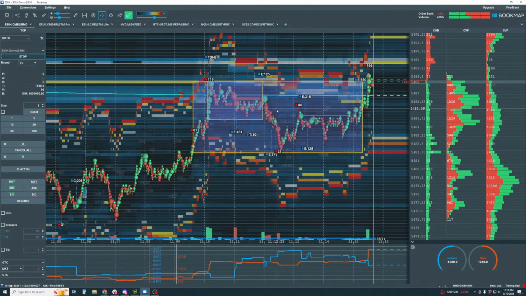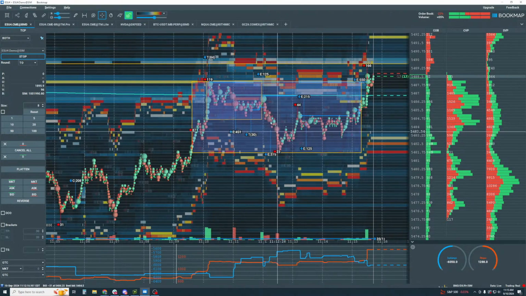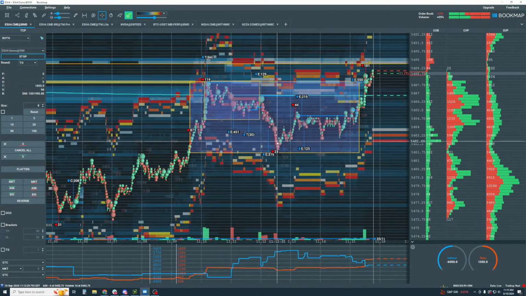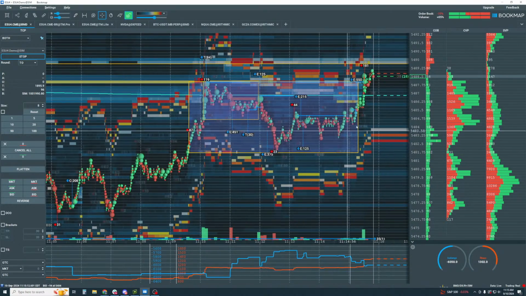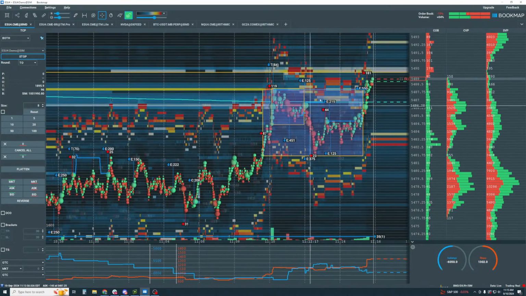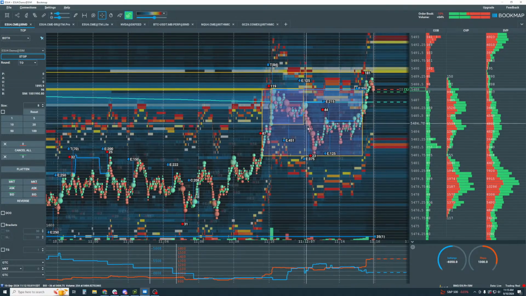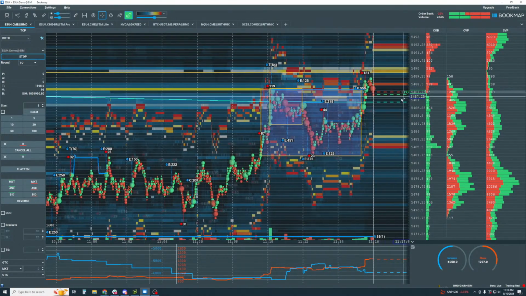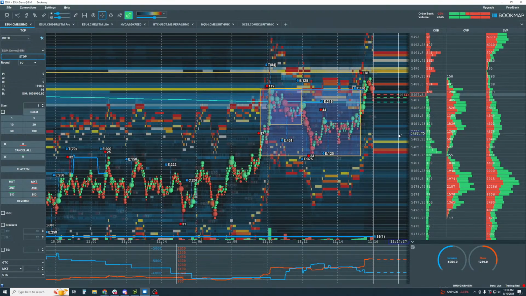I mean, this is essentially like a flag as well. Strong move, very deep pullback, and then strong move again. Okay, there's a lot of selling in here, but there's still just more buying. Okay, so the move back up here makes good sense.